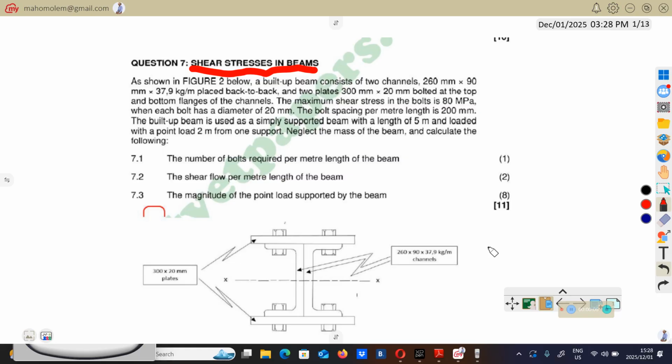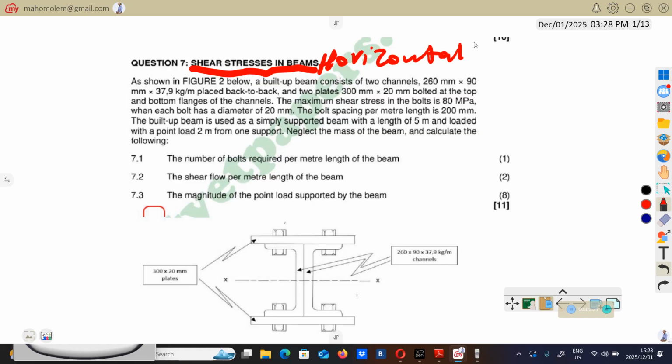Today I'm on the shear stress in beams. This shear stress that we're talking about, you can call it the horizontal shear stress, or you can call it transverse shear stress.